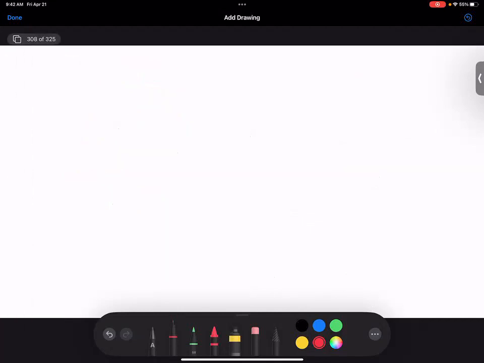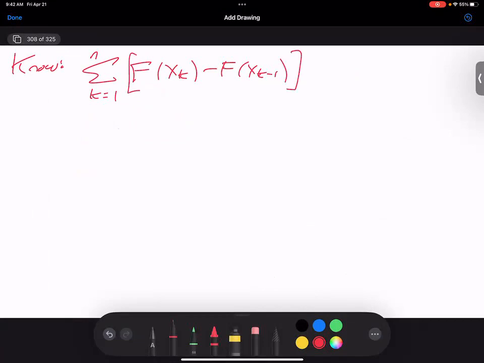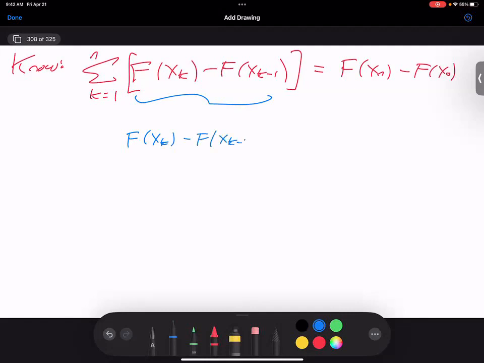So we now know that the sum, k goes from 1 to n, of f(x_k) minus f(x_{k-1}) is equal to f(x_n) minus f(x_0). But f(x_k) minus f(x_{k-1}), I guess I shifted my interval over by 1, is just going to be f prime at some point.